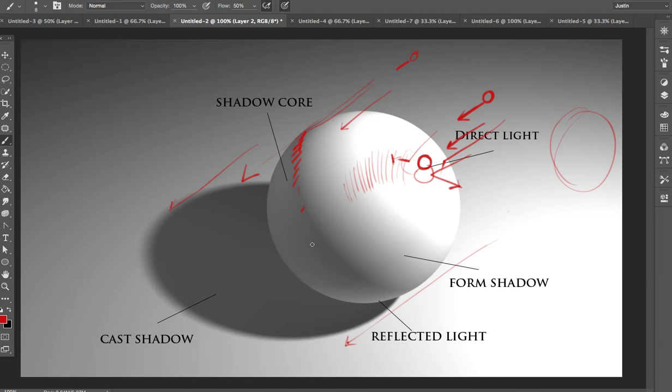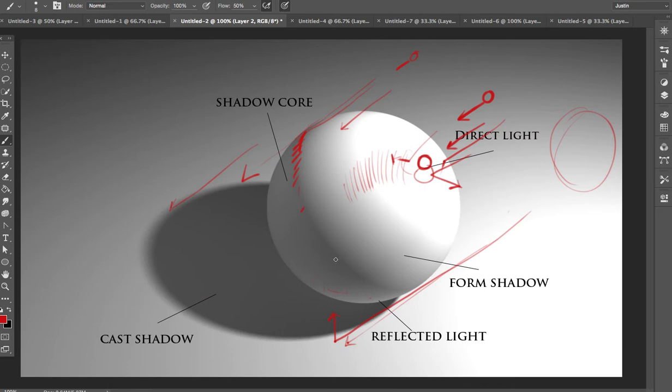Now we do have another important part of the shadow, and that's the reflected light. Now as you have light coming here hitting an object, it's going to bounce back and illuminate part of the object. But it's going to do it in a less intense way.